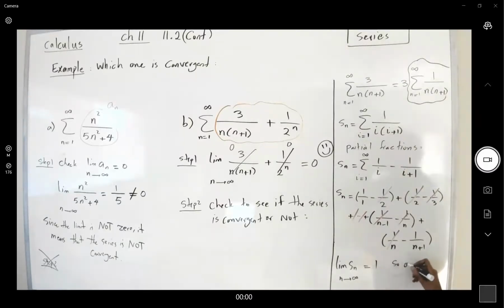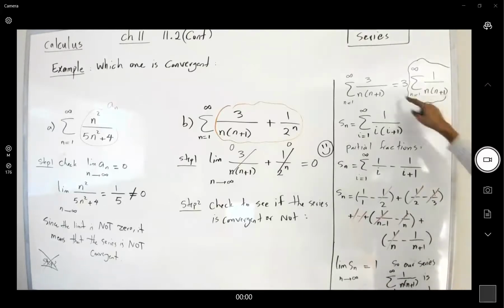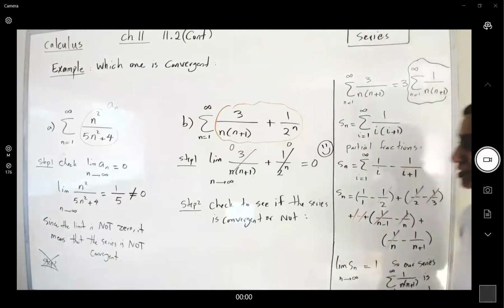So our series, the sum of 1 over n times n plus 1, from 1 to infinity, is convergent to 1. It has a 3 in front of it, so you get 3 times 1 as the sum of this series.